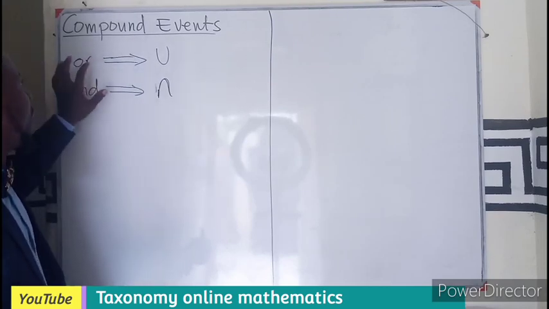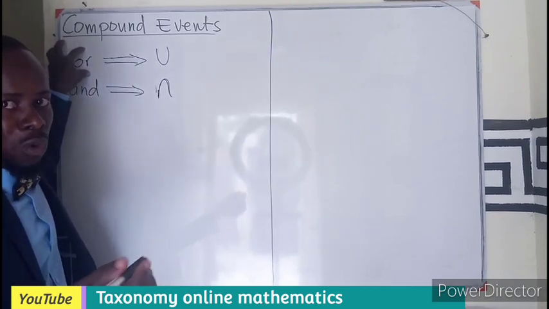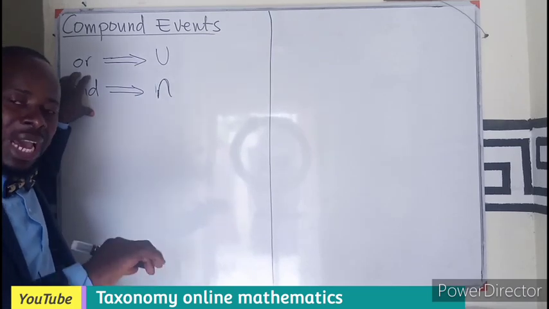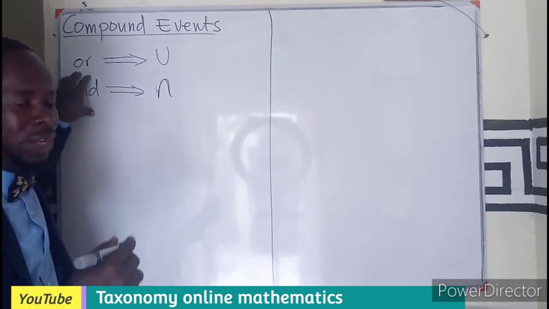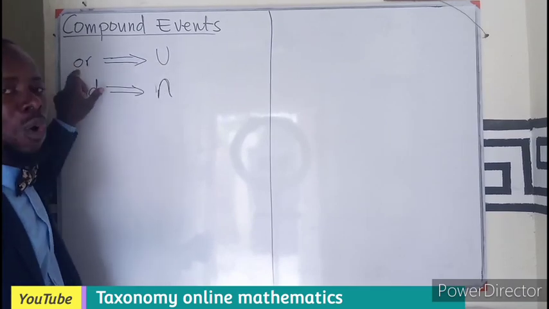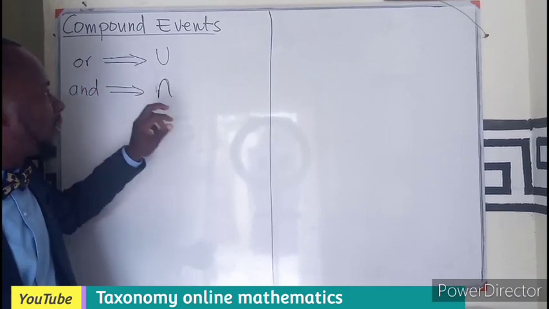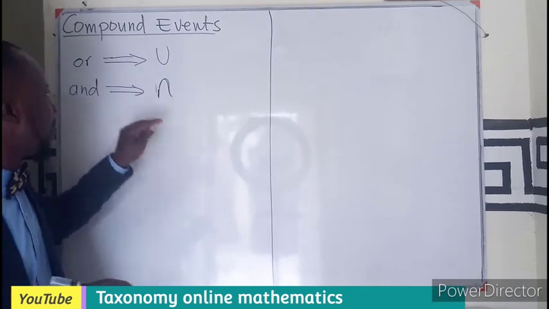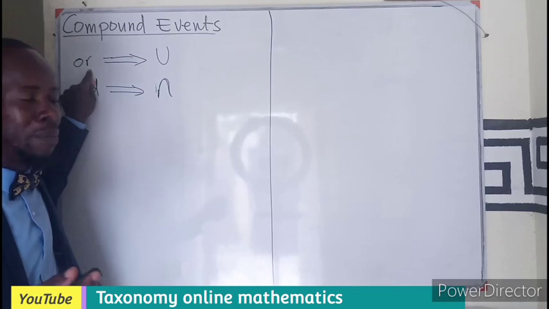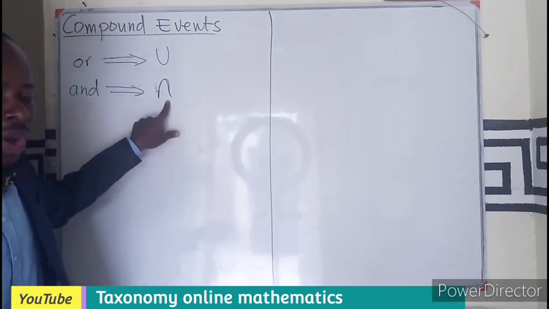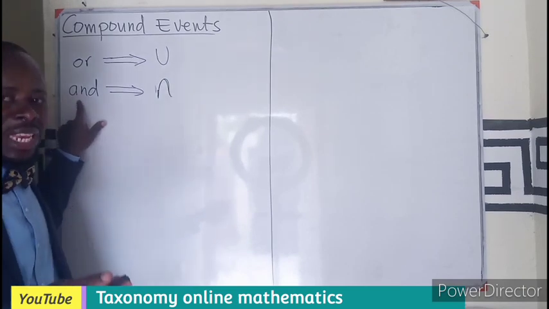So or is used to combine two or more events, and and is also used to combine them, whether they occur together or may not occur together. If you use union, you are referring to the or. At times you will not see the union in the question, but in the wording of the question you will hear the word or, meaning you are combining. You may also not see intersection, but in the wording of the question you may hear and.